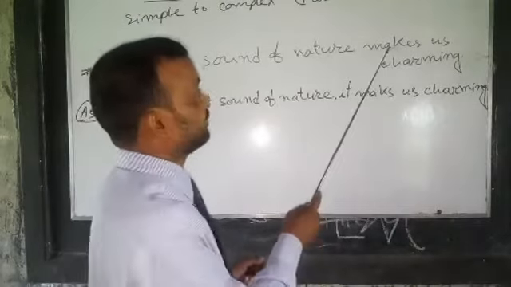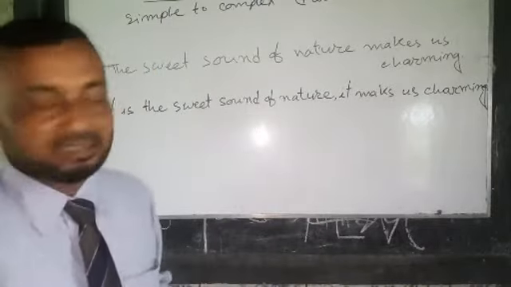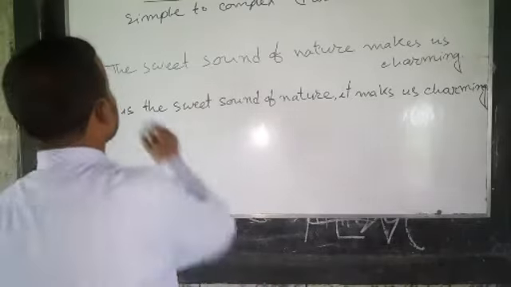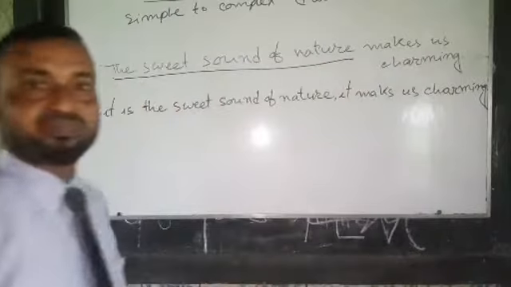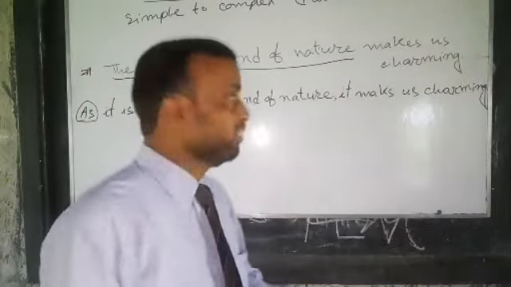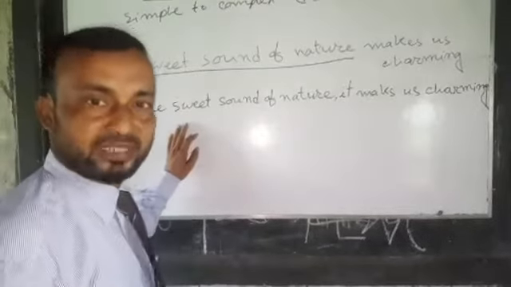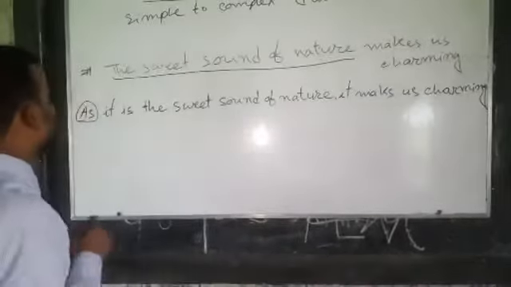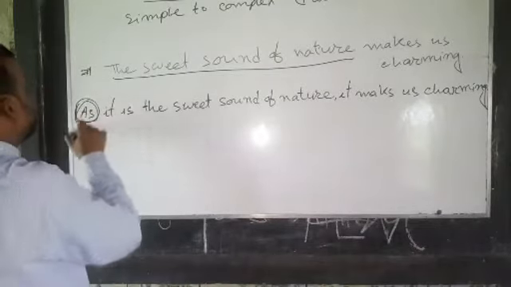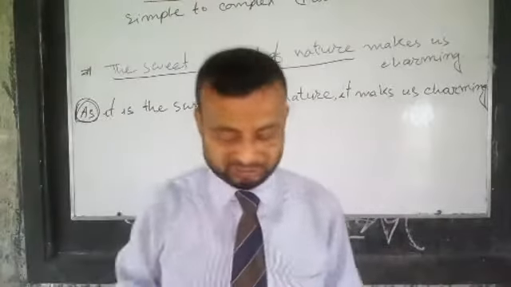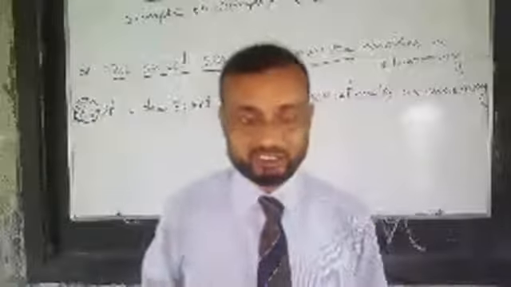This is the finite verb of this sentence, and this whole word group is used as the subject. Now this sentence is changed into a complex sentence, and when we change it, we use the word "as" here, and this is the connector or conjunction.